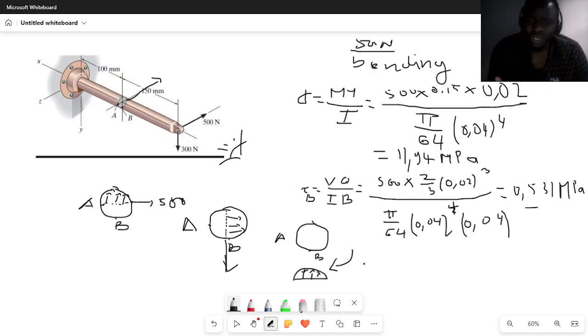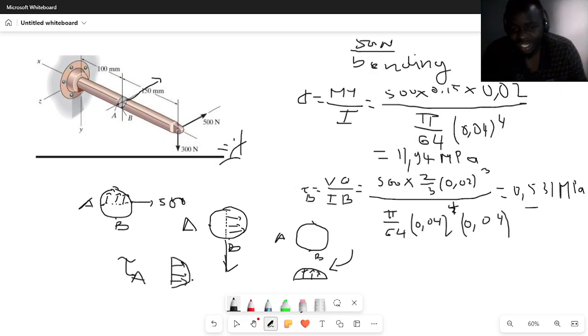Now guys, for shear stress it's quite easy. Before I even do the calculation at point B here, I know, because B is pointing down here, that my shear stress will only have an effect at A. Because of that, the shear stress caused at point B here is simply the shear stress A. Without even doing the calculation, I can tell that the stress form will look like this.